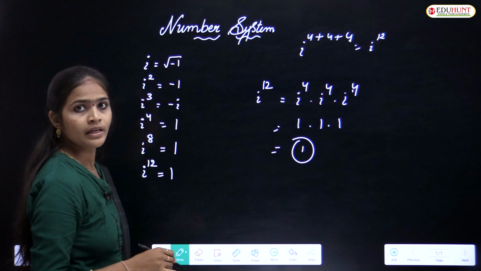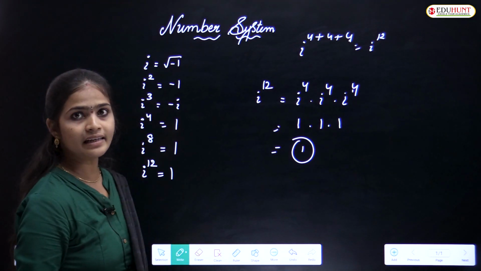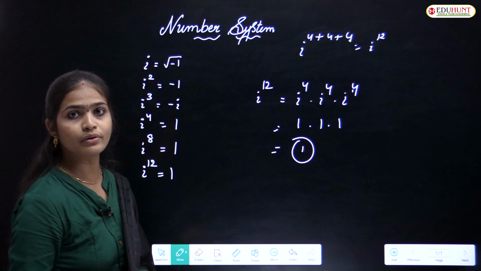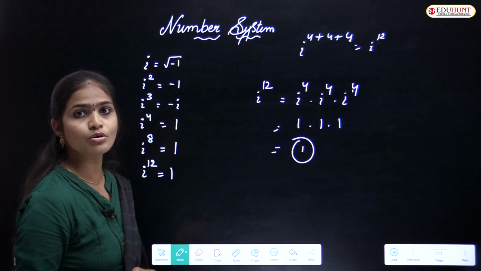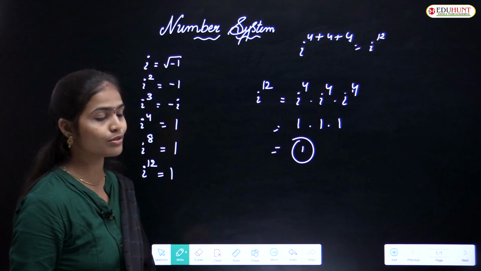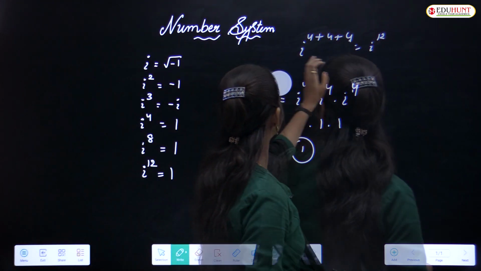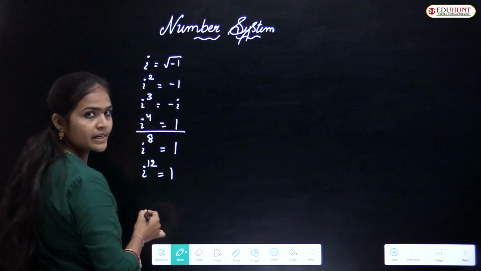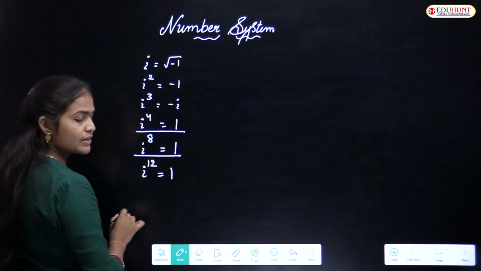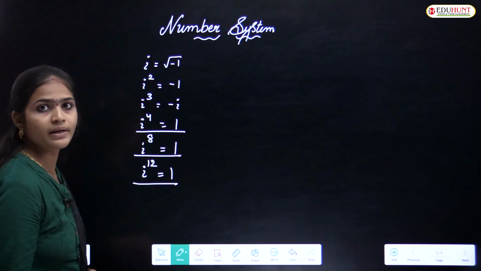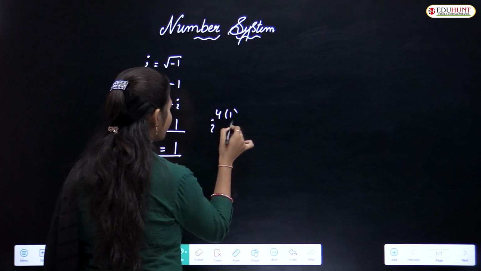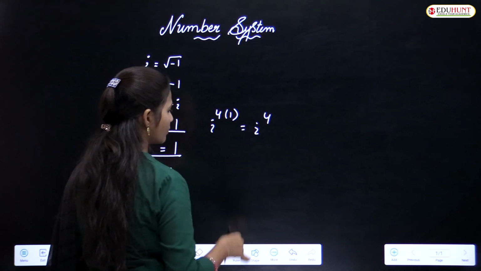So what is the value of i power 12? 1. Here maybe you may get the doubt: why is madam writing only i power 4, i power 8, i power 12 values, why is she not writing i power 6, i power 7 values? I will tell you that. Just observe that here i power 4 value is 1, i power 8 value is 1, i power 12 value is 1. So i power 4 into 1 is i power 4.